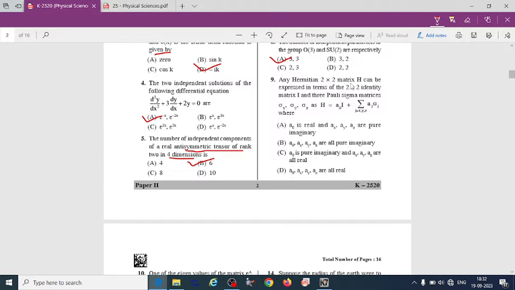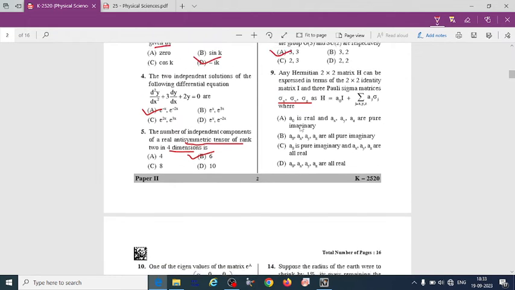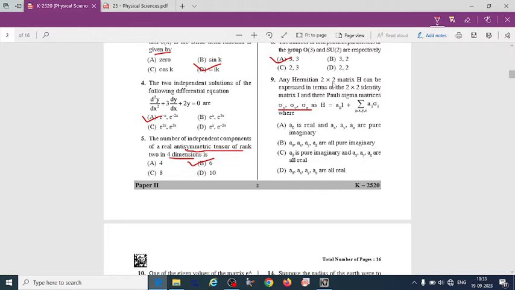Any Hermitian 2 cross 2 matrix H can be expressed in terms of 2 cross 2 identity matrix I and 3 Pauli sigma matrices. So where this 2 cross 2 Hermitian matrix is there, and the Pauli sigma matrices has been given.